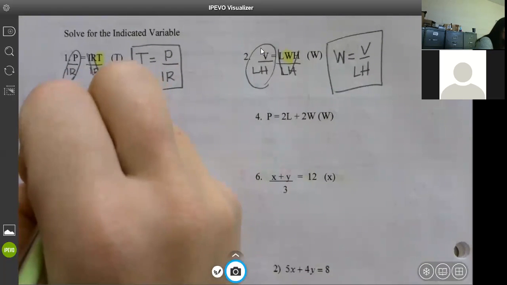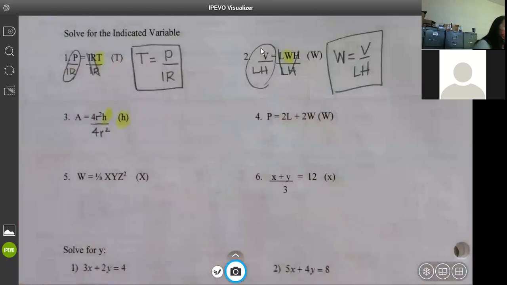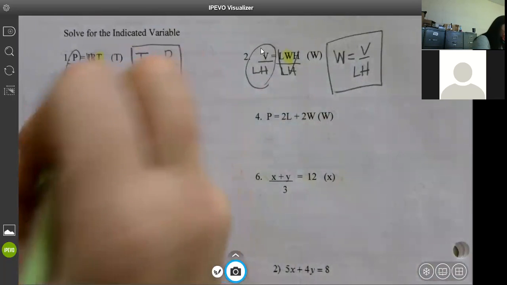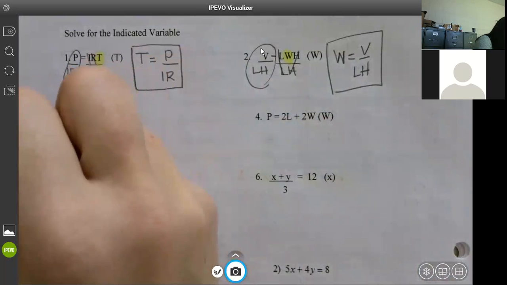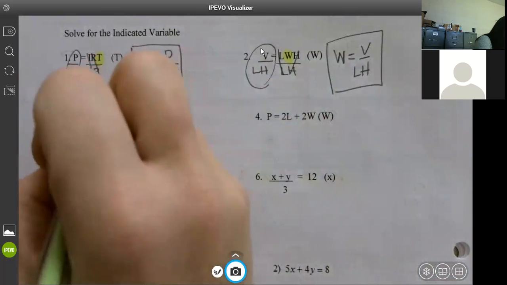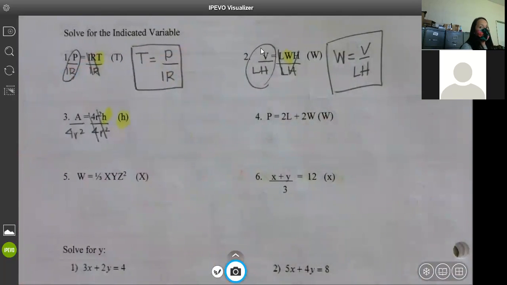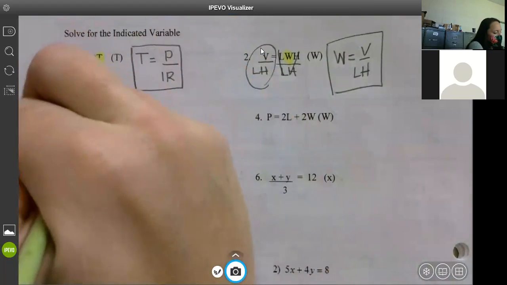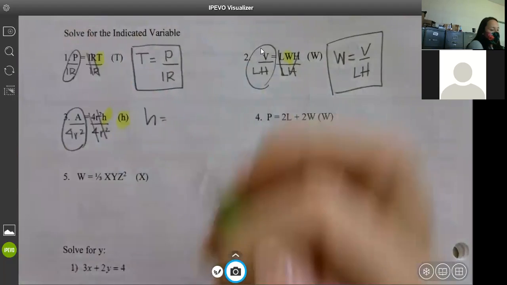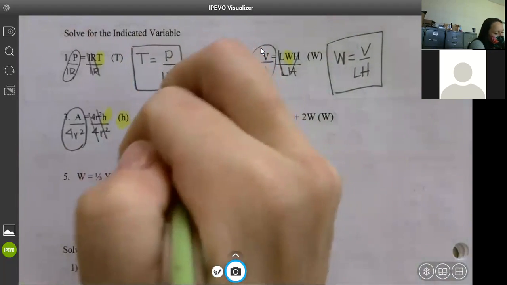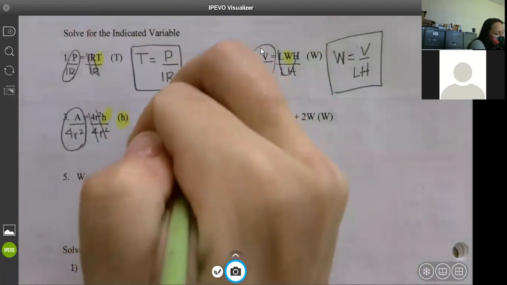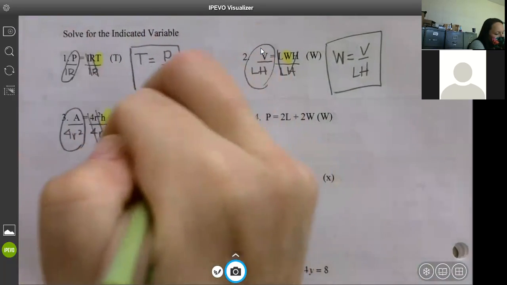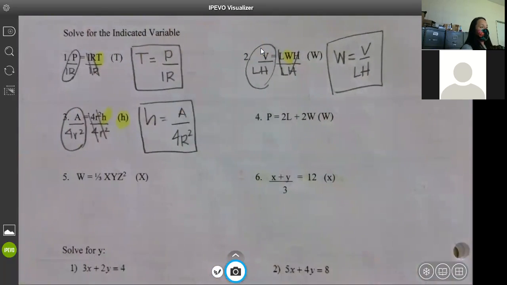We want to get rid of the 4 and the r squared. What we do to one side, we have to do the other. This is the same as the last 2 problems. We just have a 4 and an r squared instead. That leaves h by itself, and then we write down how we solved it. We did a divided by 4 r squared. That's it.